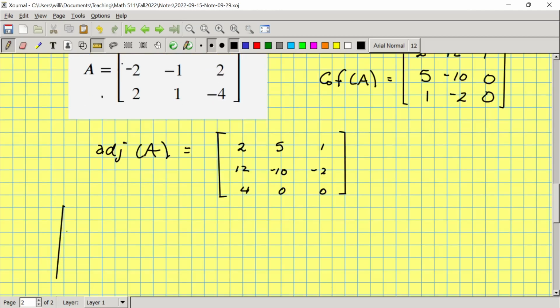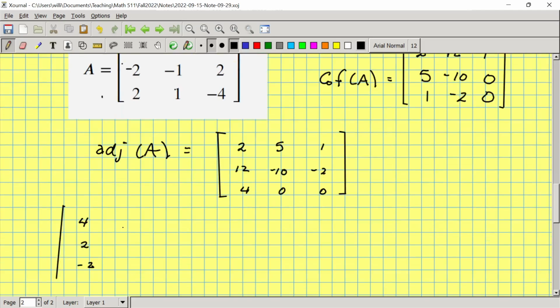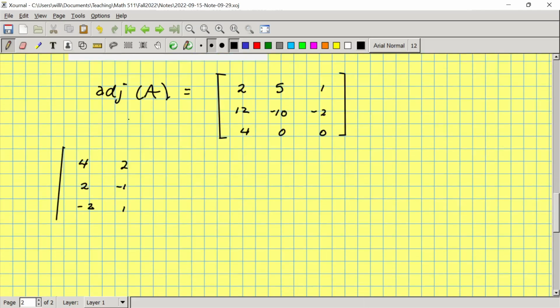So 4, 2, negative 2. And 2, negative 1, 1. And 3, negative 3, 2, negative 4.